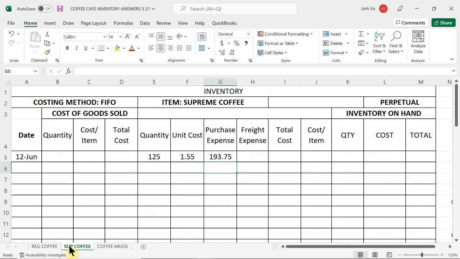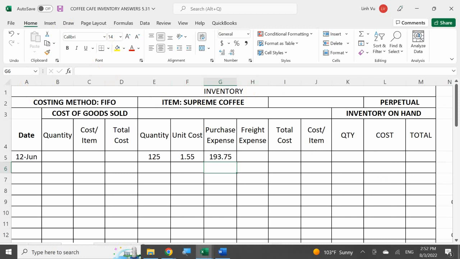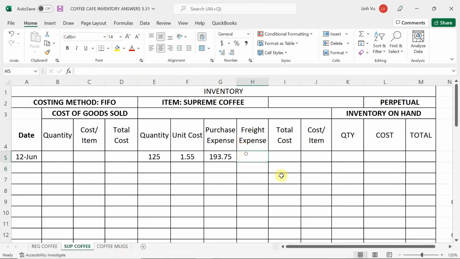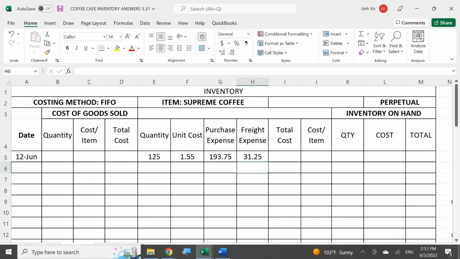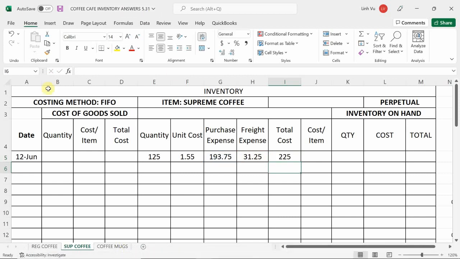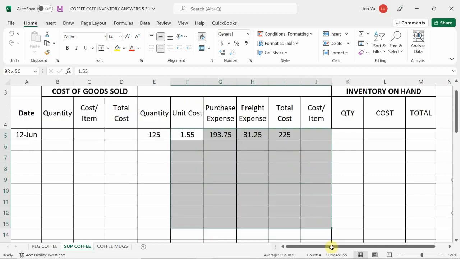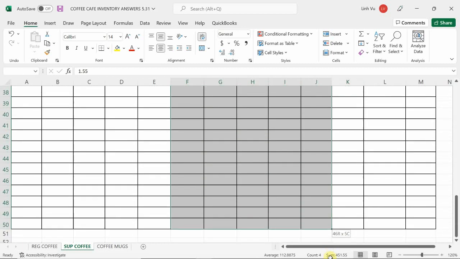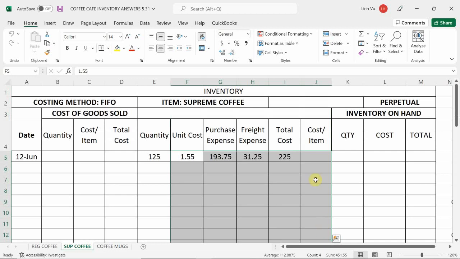I need to figure out what my regular coffee is, right? Because now I have 125 pounds, right? We are going to add the freight to this to be $31.25. So what's my grand total cost here? 225. The 225. And in this case, because we're using the rules of FIFO, we are obligated to have to do the cost per item because we need to figure out what they cost for each batch.